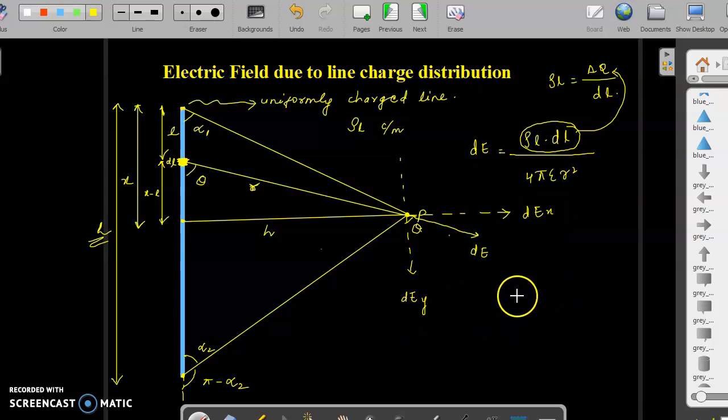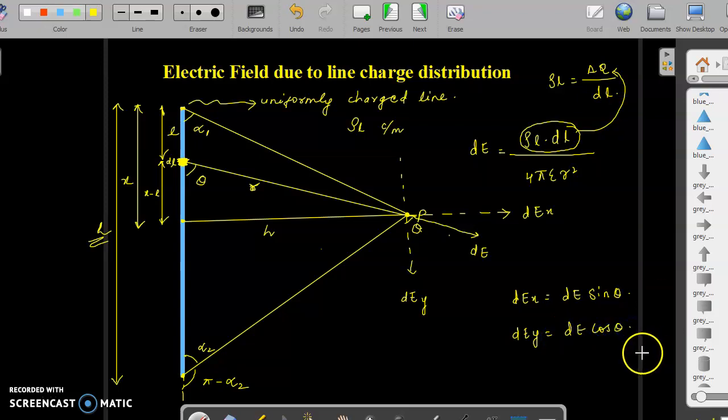So using trigonometry we can see that dEx is dE sin theta and dEy is dE cos theta.